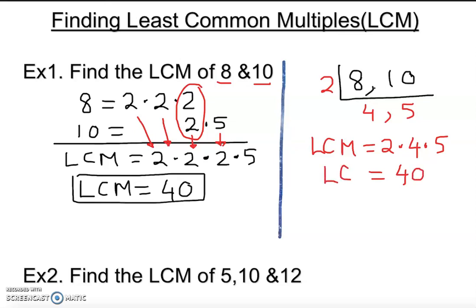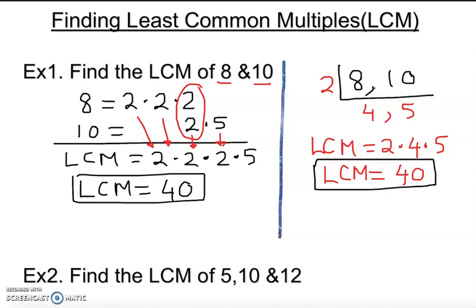Isn't it beautiful, guys? Check it out, both ways give the same thing. This is the LCM and it always works. You can try this for finding the least common denominator also. I'm going to create another video that will show that.